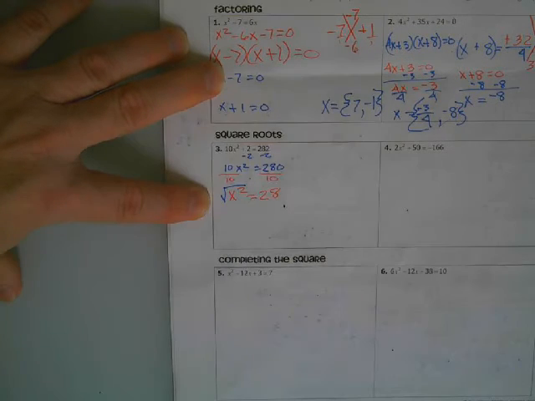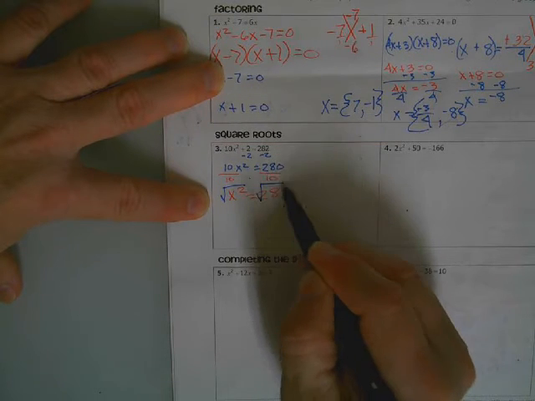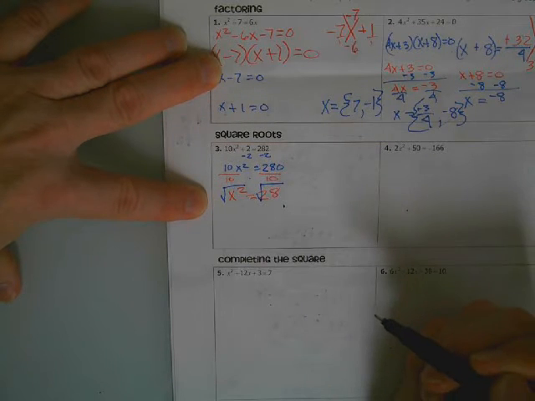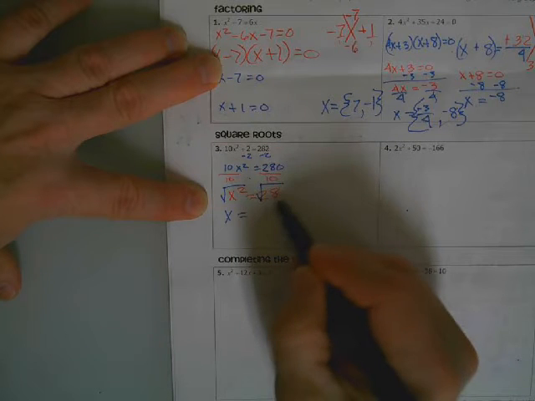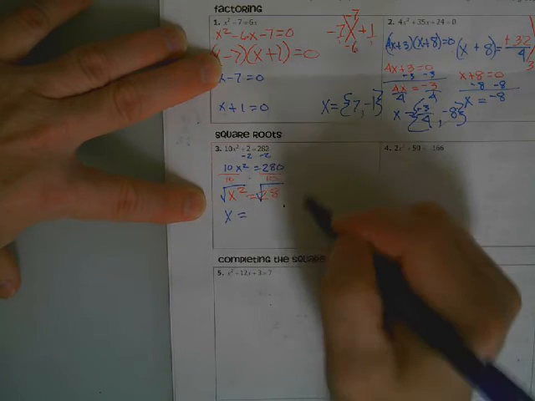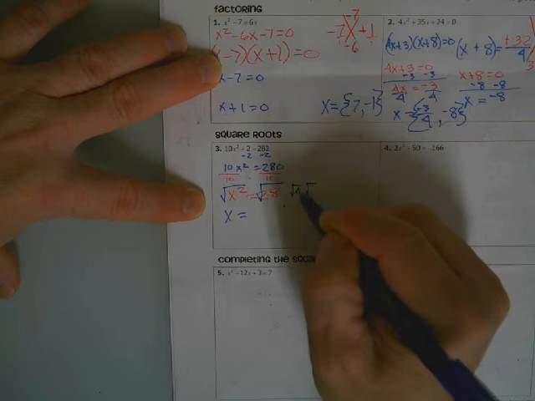Oh, I'm sorry. I'm going to take the square root, right? So x is equal to, does 28 have any factors? 7 and 4, very good.